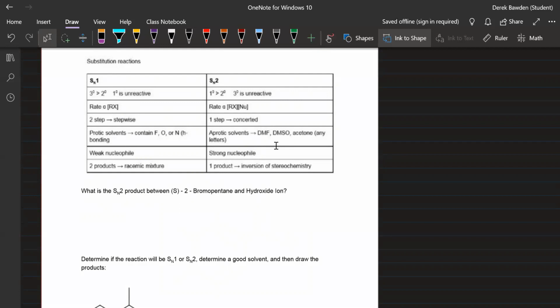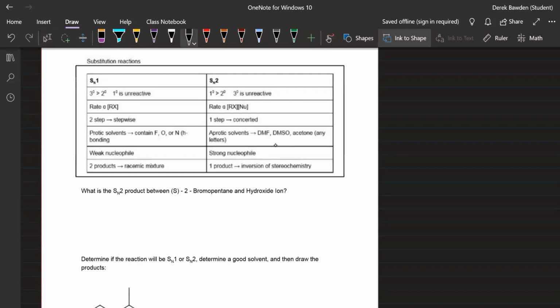All right, so here's a little summary table that I drew up. I added this to your last exam, okay? But I wanted to bring it again. I kind of went into my exam and I immediately wrote down this chart. If that's how your brain works, great. If not, ignore me for the next minute or so. But I pretty much had this table memorized, and I went in and wrote SN1: 3 degree, 2 degree, rate, 2 steps, protic solvents, weak nucleophile, 2 products, right?